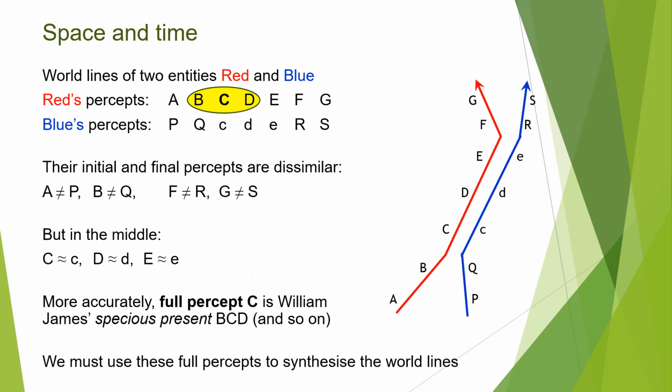Full percepts exist at the foundational level of Pan-Idealism, so it's appropriate to highlight them in yellow. We can use these full percepts to synthesize the world lines and hence derive the structure of time. Physical time is thus synthesized from subjective time. This was first proposed by John Foster in his book The Case for Idealism.